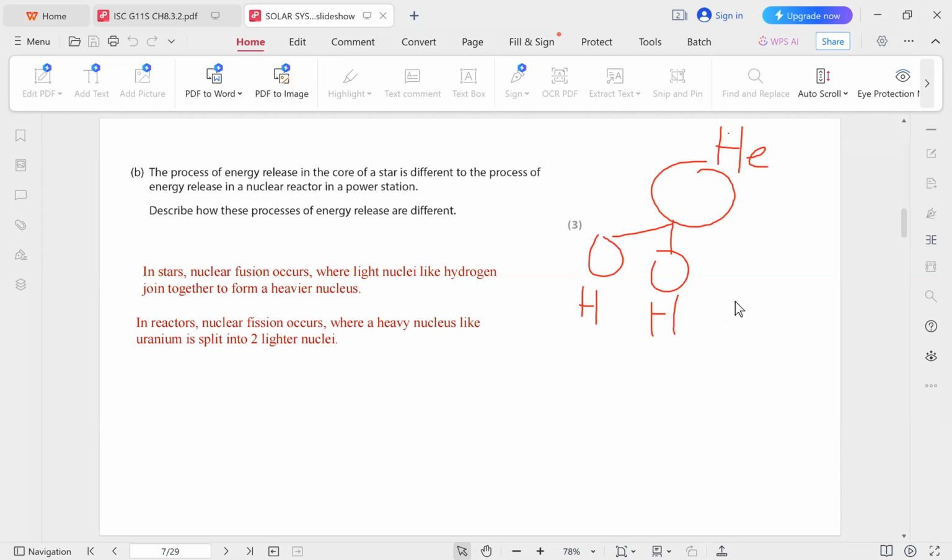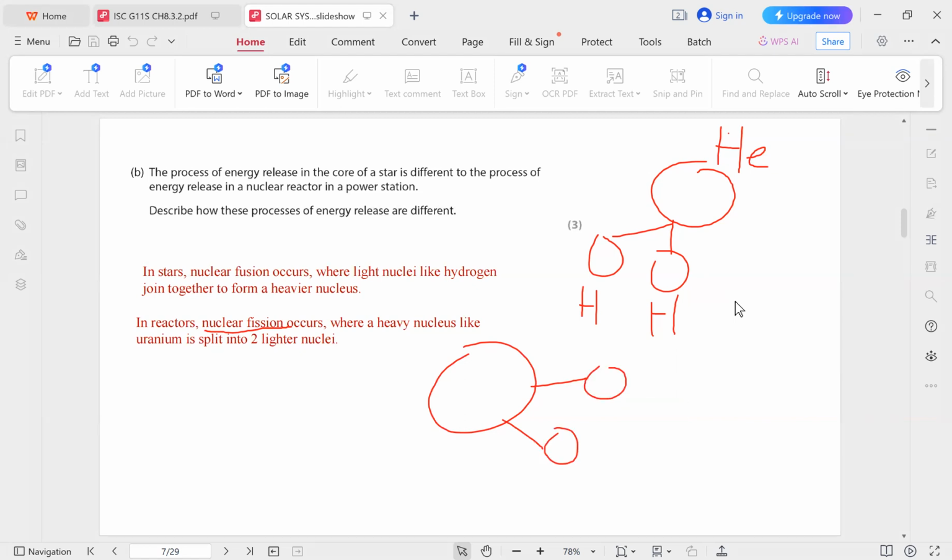What happens in nuclear reactors, though? So these are the two types of nuclear processes: nuclear fusion, and the second process that we're going to talk about is nuclear fission. So what is nuclear fission? It is the opposite of fusion. You have a heavy nucleus, like for example uranium, and it splits into two lighter nuclei.